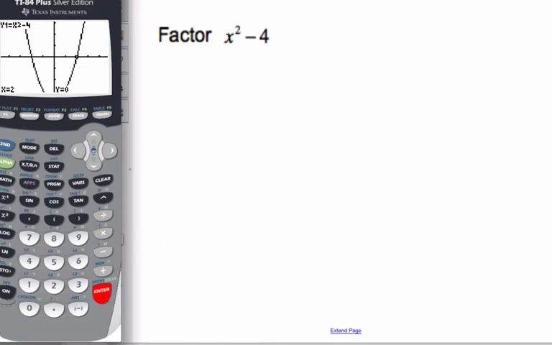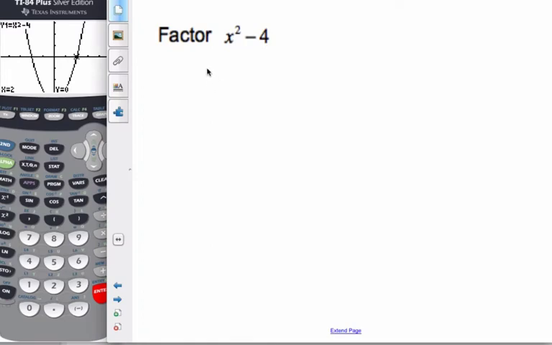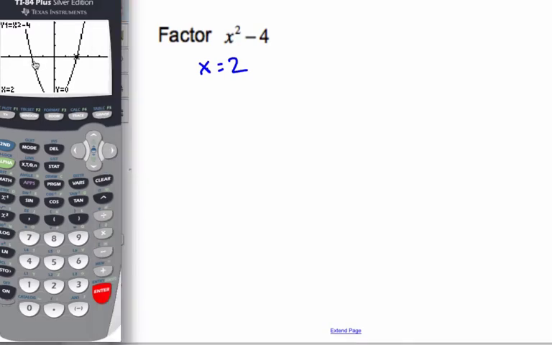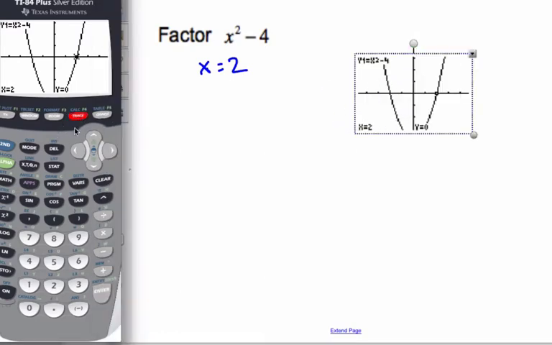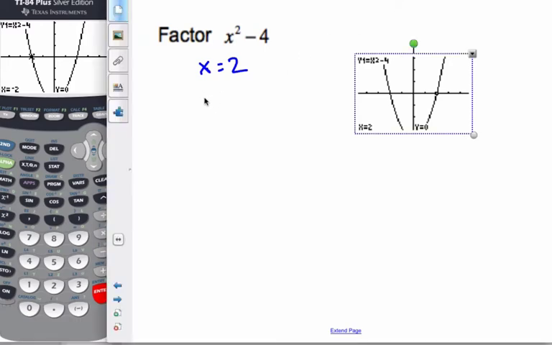So that is my x-intercept: x is equal to 2. Looking again, I think there is another x-intercept, which looks like -2. If I trace it, it is indeed exactly -2. And so x equals -2.